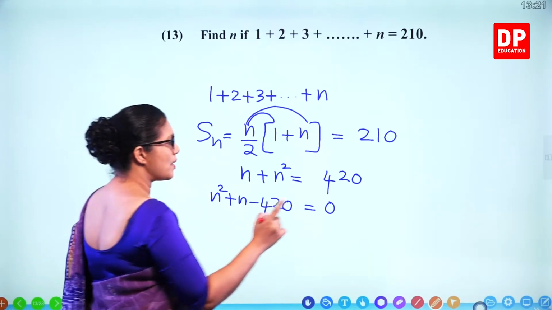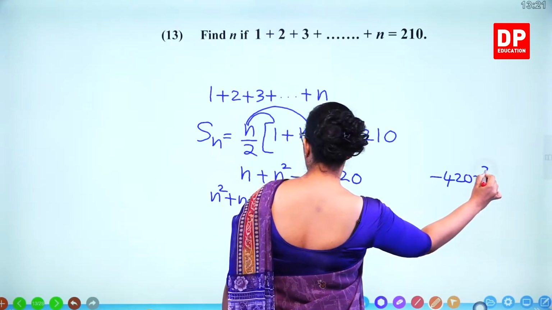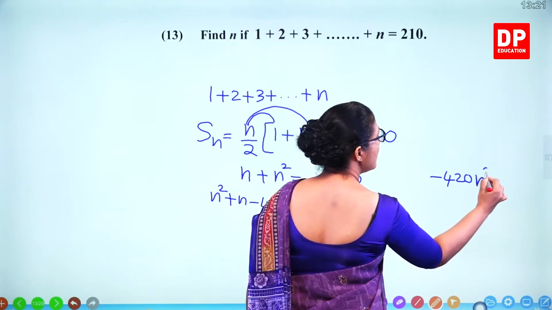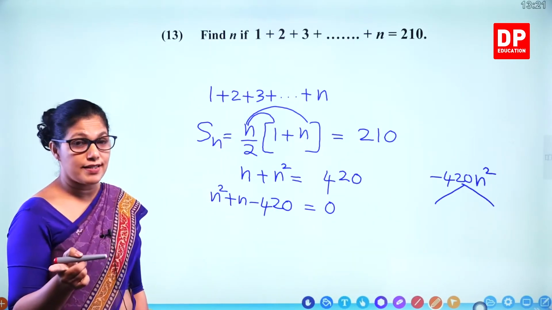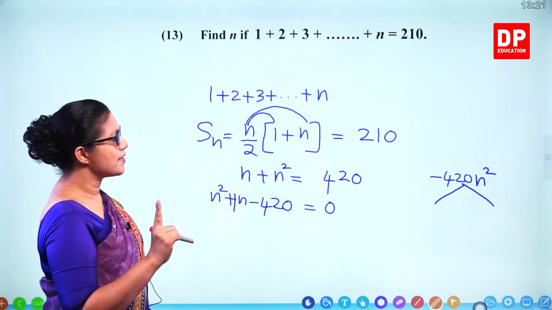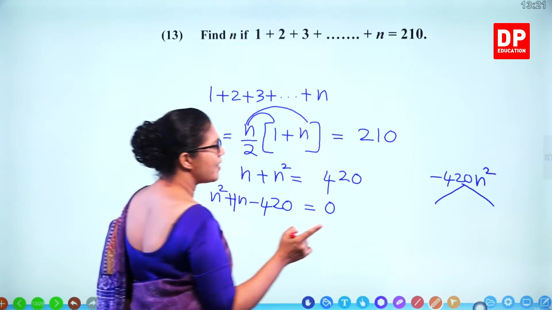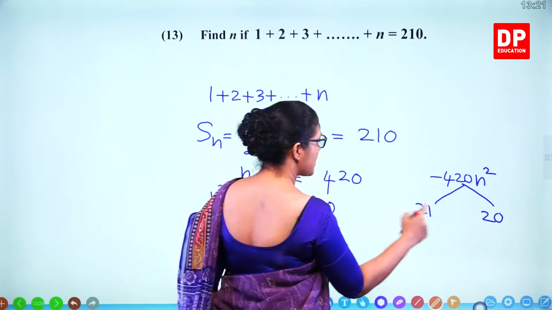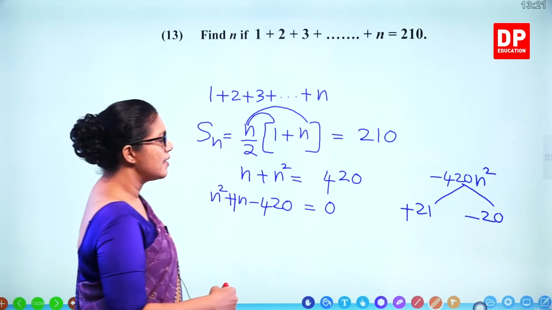Minus 420, n squared. This one, not x, n squared. What are the factors? So the difference is 1 because minus means difference. So what are the numbers? 21 and 20. But the middle term is plus, means the bigger one is positive and the smaller one is negative.